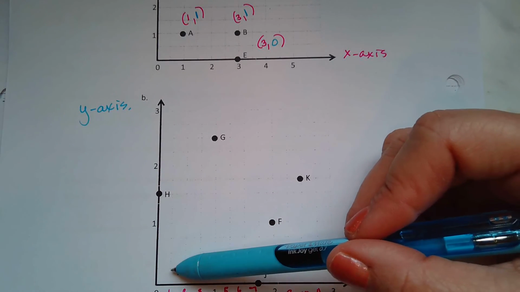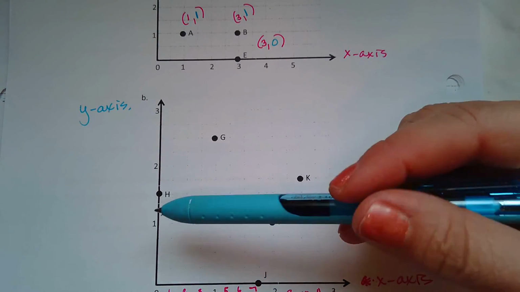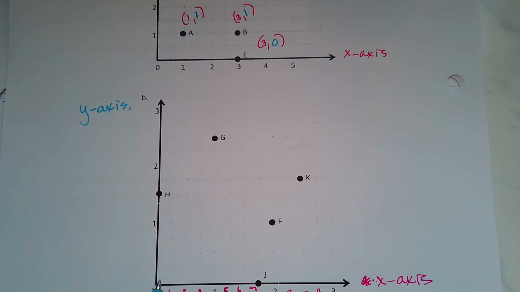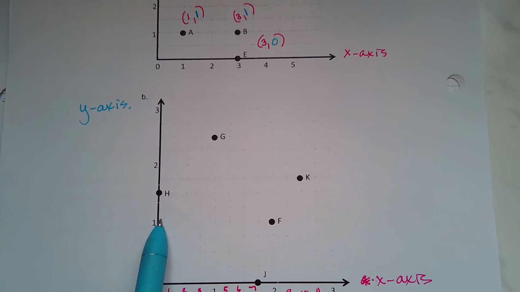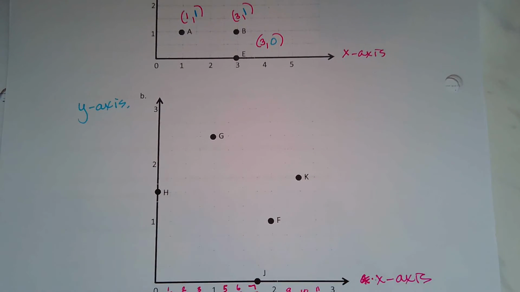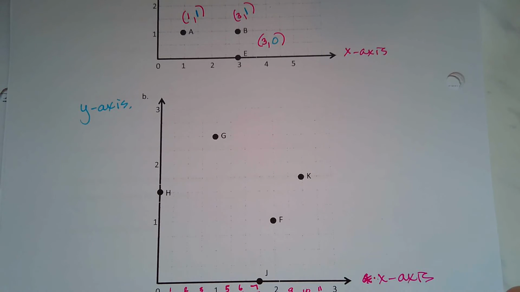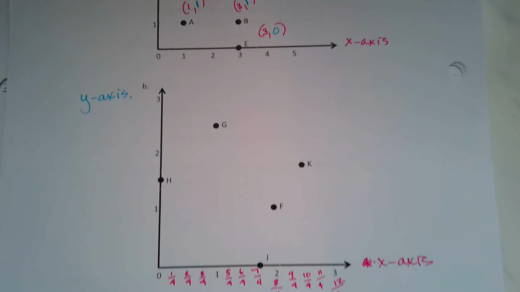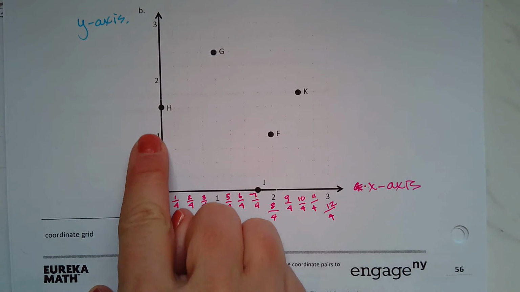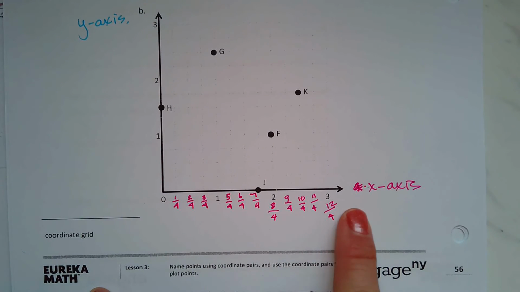So now let's see how this one is broken up. It looks like it is 1, 2, 3, 4. This is broken up in fourths again. So why don't you go ahead and label the y-axis just the same way as I labeled the x-axis.